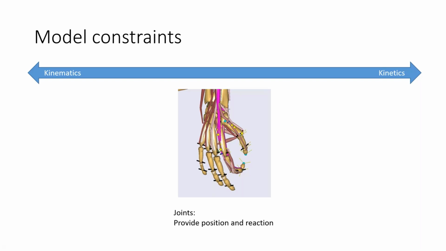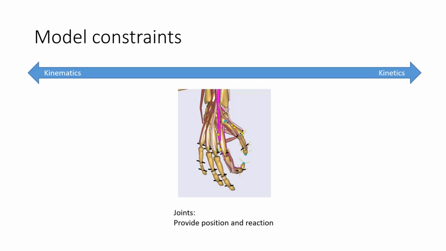mechanically speaking. So the joint is holding the two bones together. So that means that the joint is making sure that when the bones are moving, they don't come apart. They are actually kept together. So the joint works like a kinematic constraint. So it influences the kinematics of the model.